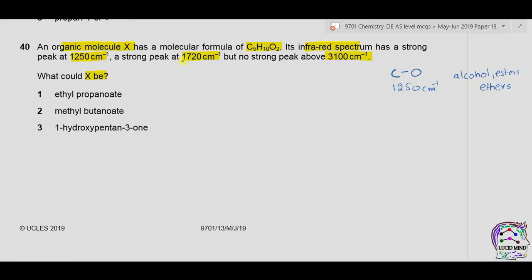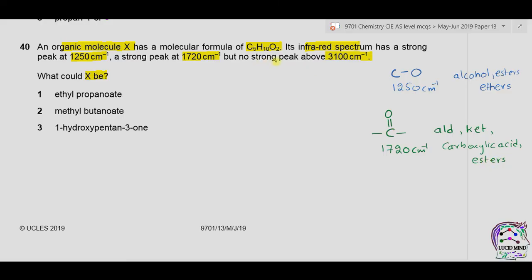The second strong peak is at 1720 per centimeter. Now we know from the data booklet that this is because of a carbonyl carbon, and the functional group present could be aldehyde, ketones, carboxylic acids, and esters.